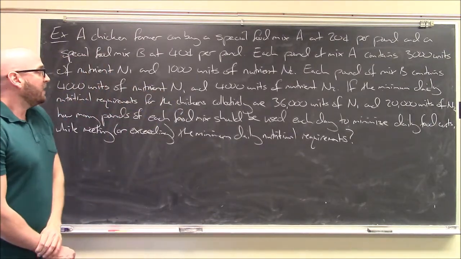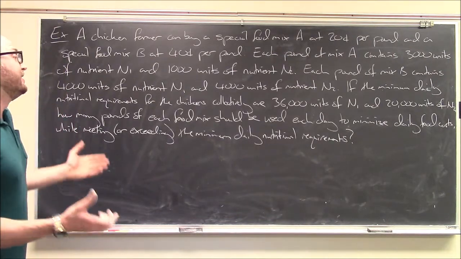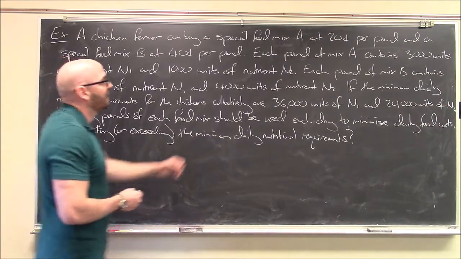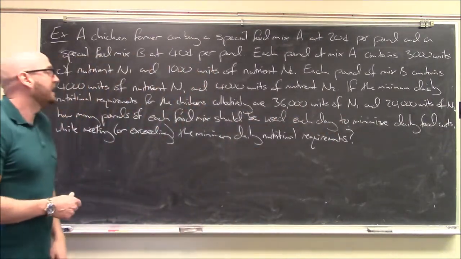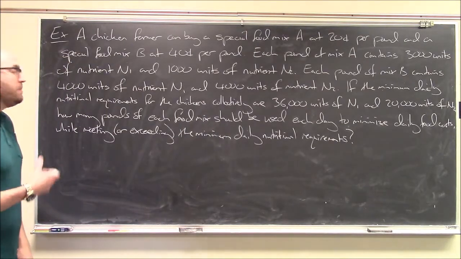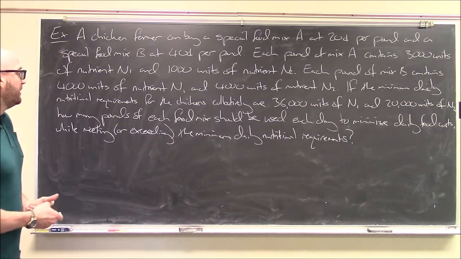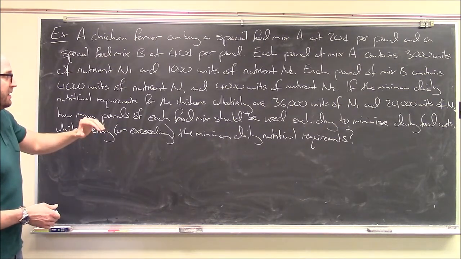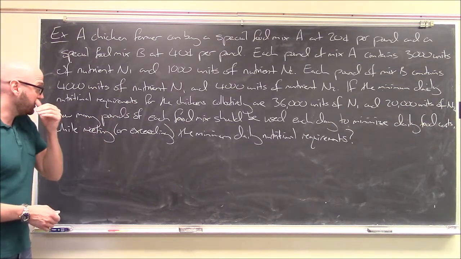Then we're given the daily nutritional requirements of these chickens: they need 36,000 units of N1 and 20,000 units of N2. So the question is, how many pounds of each food mix should he give these chickens to minimize his daily food costs?